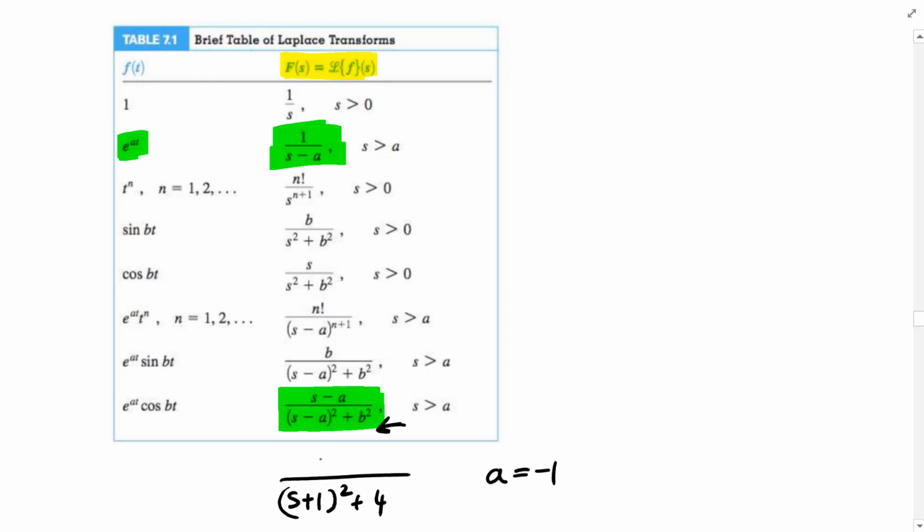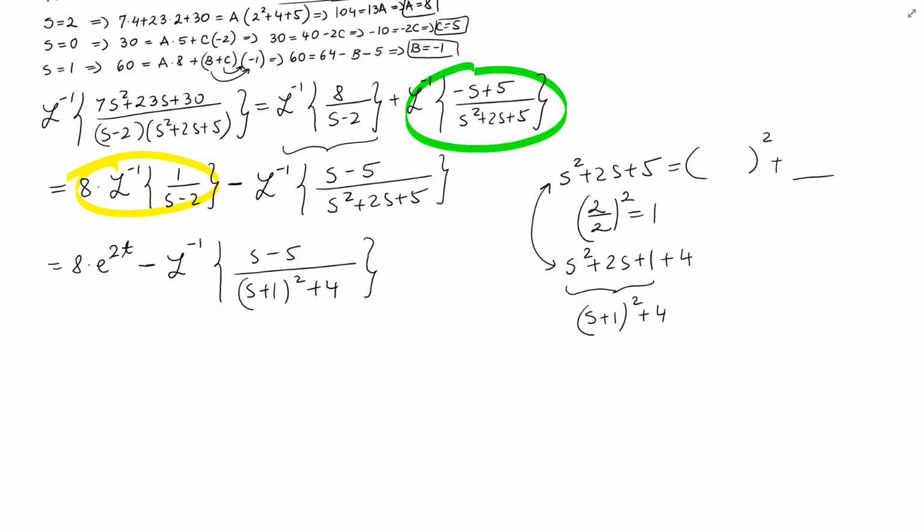So at the numerator I would like to have s plus 1 as well, to be able to conclude that my inverse Laplace transform is e to the negative t cosine of 2t. But right now, at the numerator I don't have s plus 1, I have s minus 5. Can I write s minus 5 using s plus 1? Well, I can do s plus 1 and then minus 6. Can I do that? 1 minus 6 is negative 5.